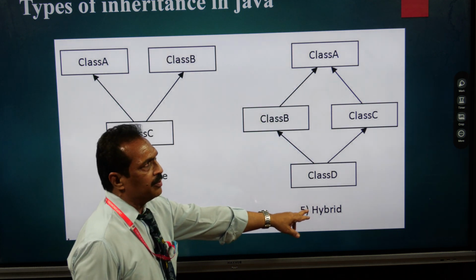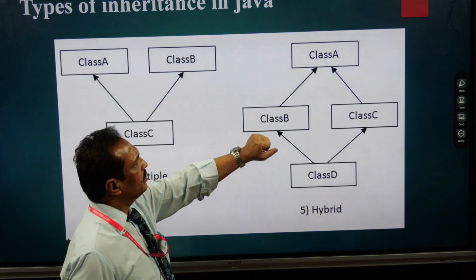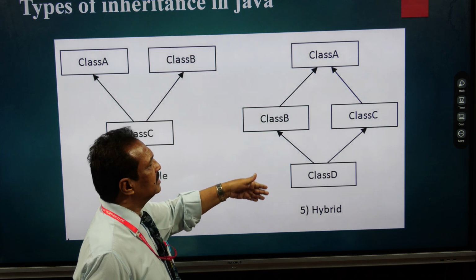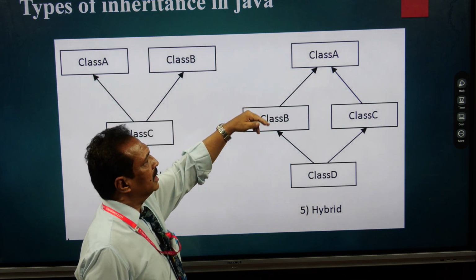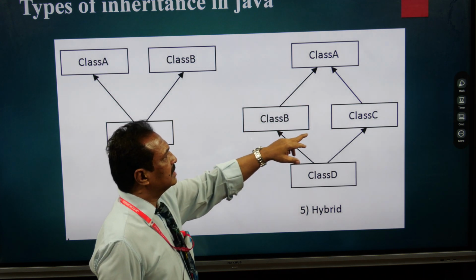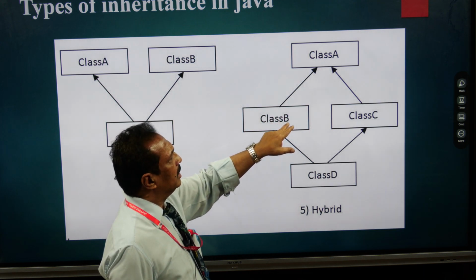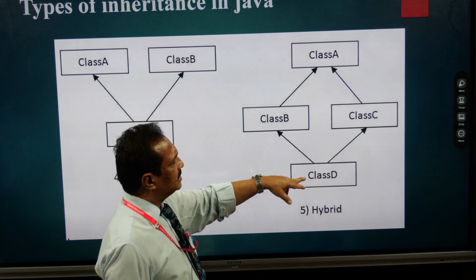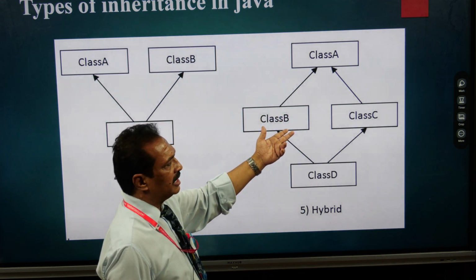The next one is hybrid inheritance. In a hybrid type, you can see three types of features. One is a superclass called class A, and class B and class C both have been derived from class A, that is hierarchical, and class D is derived again from the derived classes.